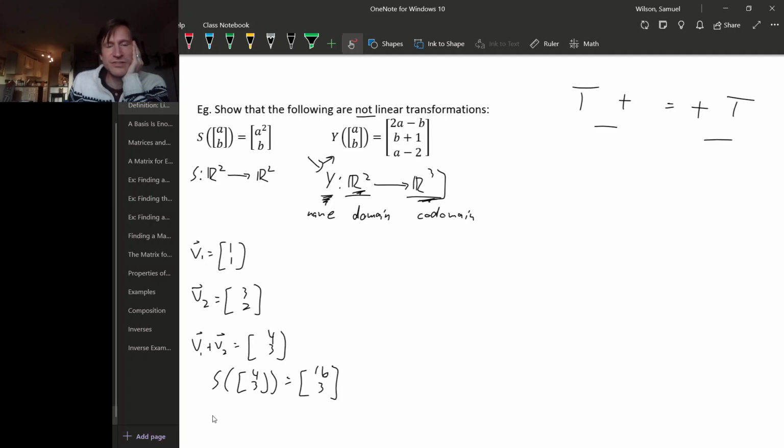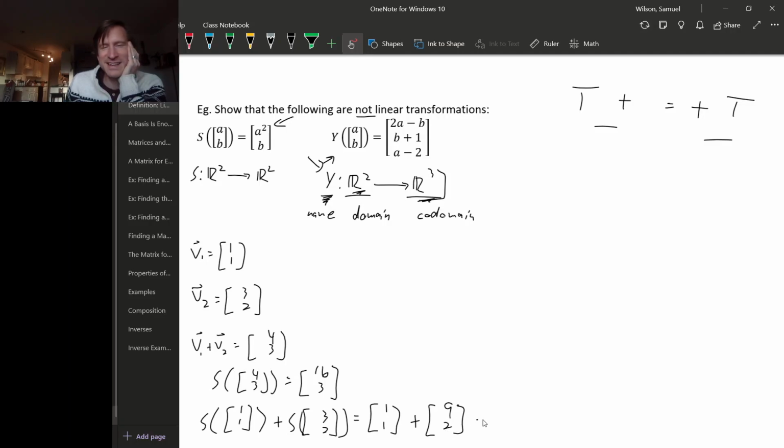Now let's do S first and then the sum after. So we'll do S of 1, 1 plus S of 3, 2. Well, S of 1, 1, we just square the first coordinate and leave the second one alone. So 1 squared is 1, and then leave 1 alone, plus, and then S of 3, 2, we'll square the 3 and leave the 2 alone.